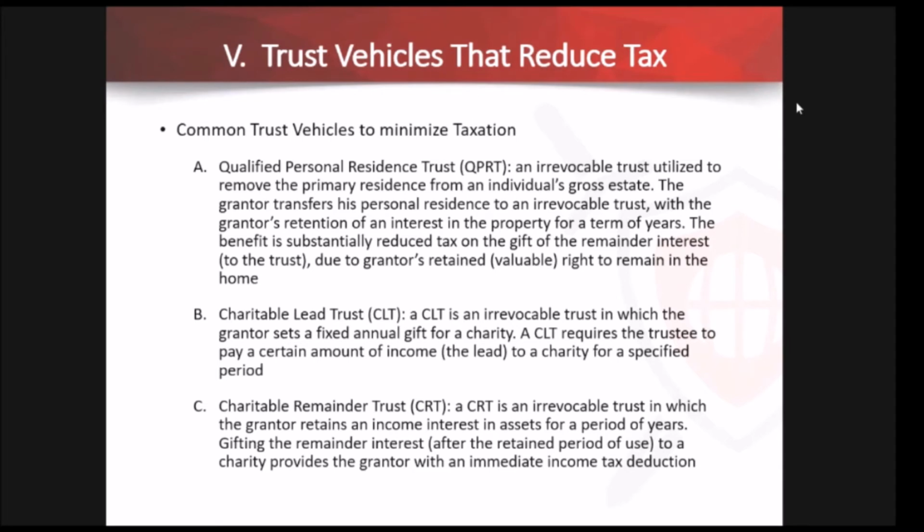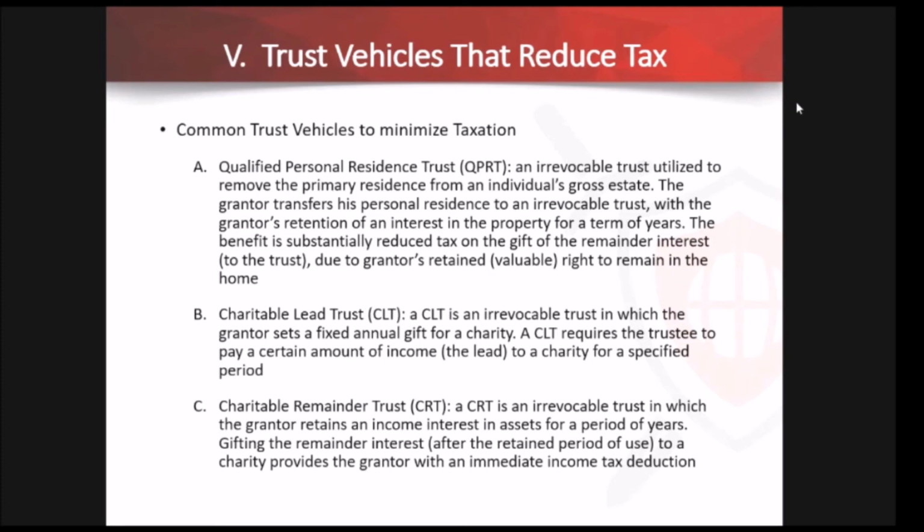The other, on the backside of that, the inverse of that, is a remainder trust. And here the idea is that you create an irrevocable trust in which the grantor retains an income back from the trust during a term of years. And then once that term is over, the remainder goes to the charity.